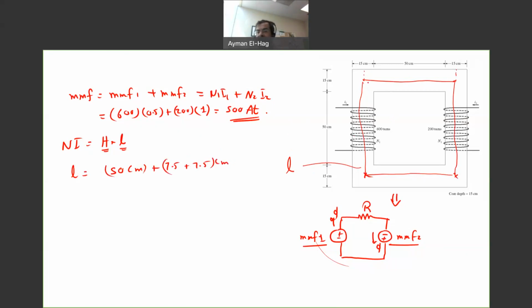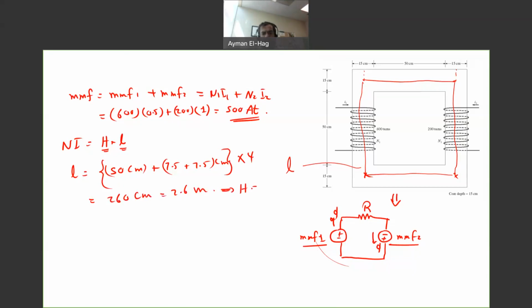Because of the symmetry, it's the same thing on the four sides, so multiply it by 4. The total L is basically 260 centimeters, or 2.6 meters.